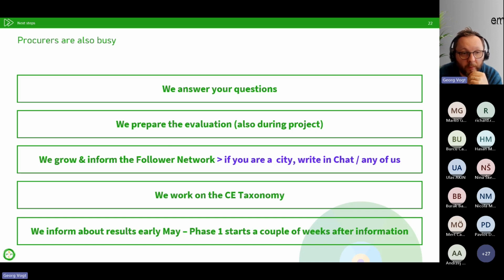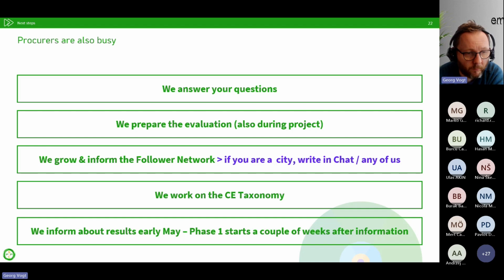Yeah, what we are going to do is we are ready for your questions, and we will be working on the follower network. We work a little bit on the taxonomy. We will not publish anything new until the submission. So any new contribution will be yours and in your tender, no matter whether we found them or not. It's an addition.